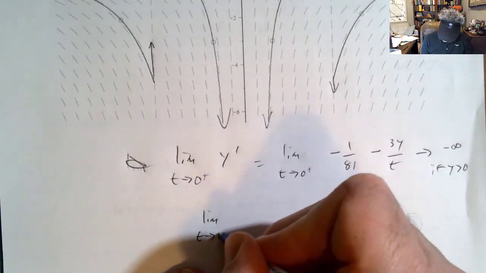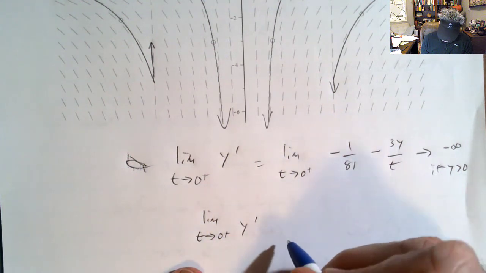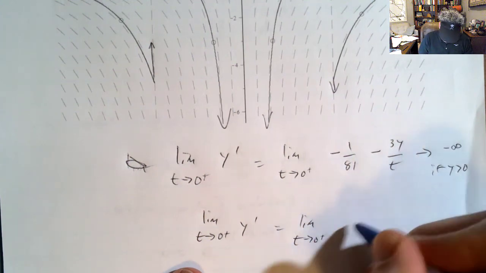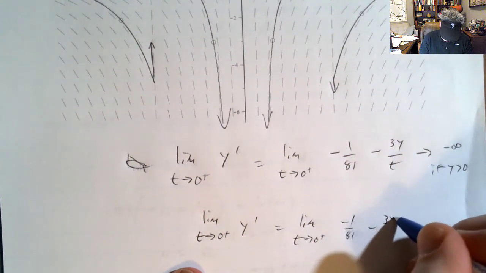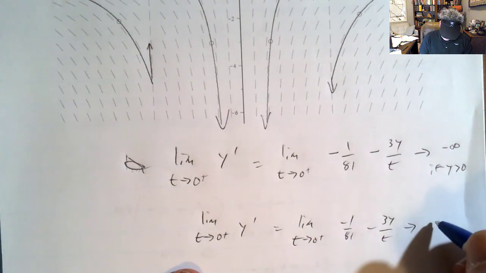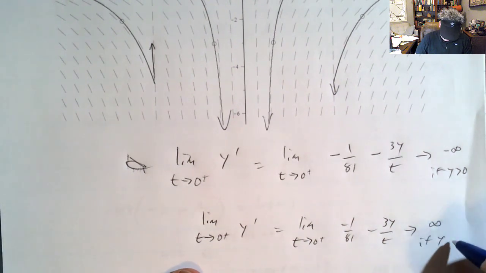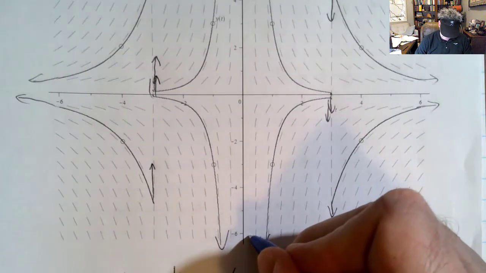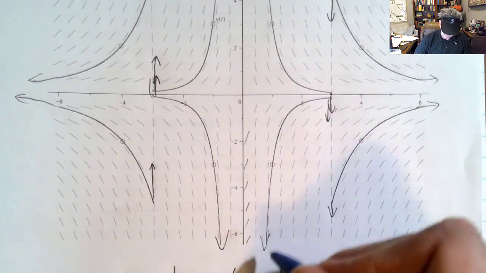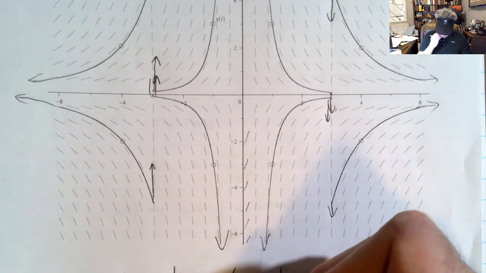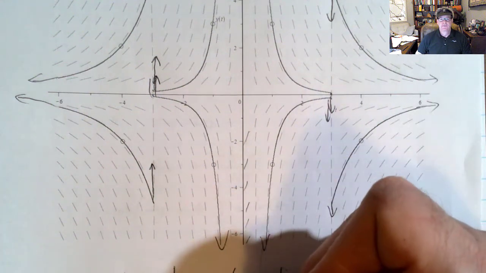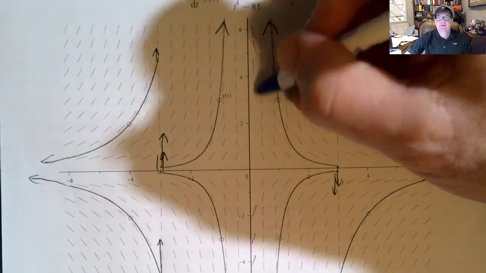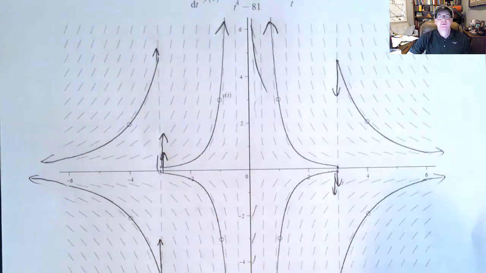The 3y over t term will go to negative infinity if y is positive. So now the y matters. These are always going to be like this. You go to negative infinity this way; the slope is increasing, which means you came in this way. And here the slope is negative, which means you come down that way. All right, that's an over-analysis of the curve.